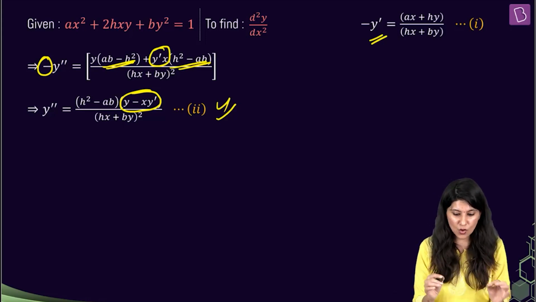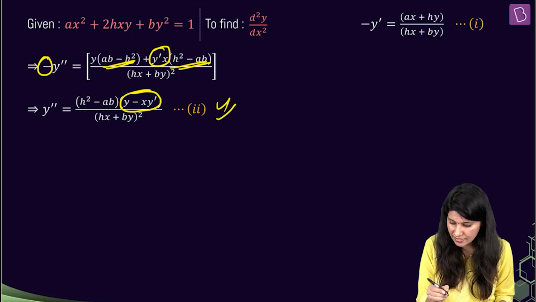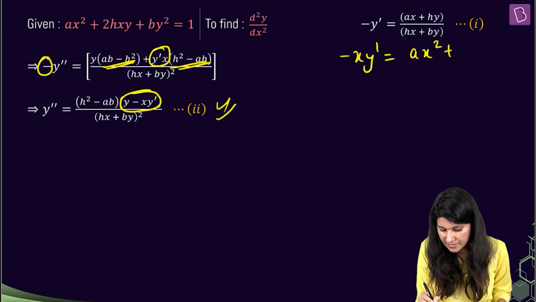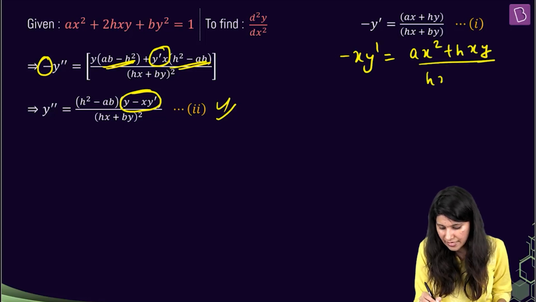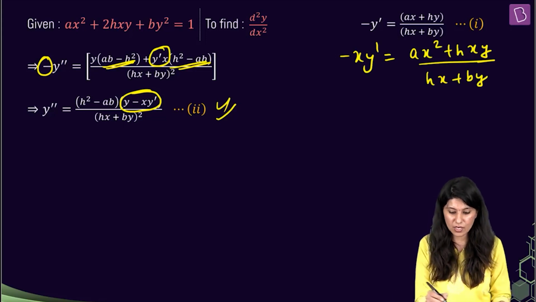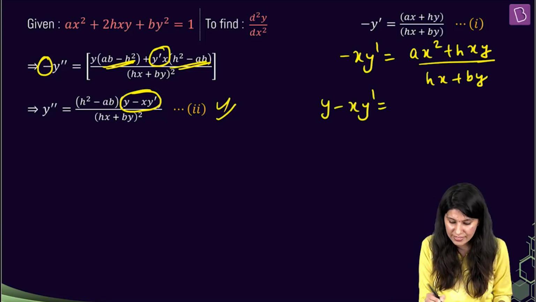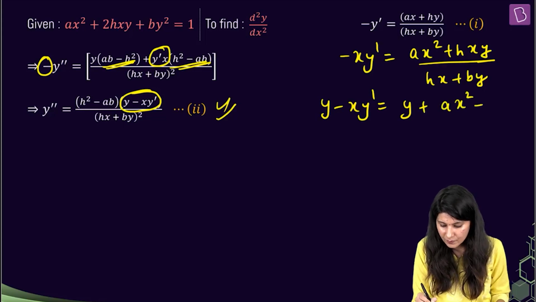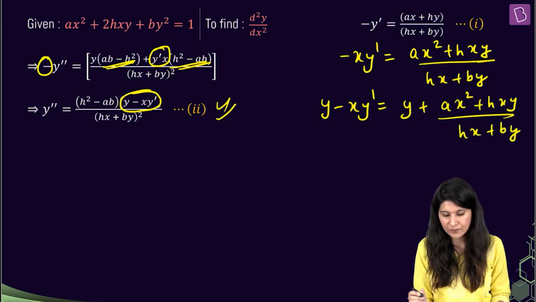That's all. So over here, let's multiply x in this. If you do that, minus x y dash is equal to ax square plus hxy whole upon hx plus by. Now I have to add y in here. y minus xy dash is equal to y plus ax square plus hxy whole upon hx plus by.